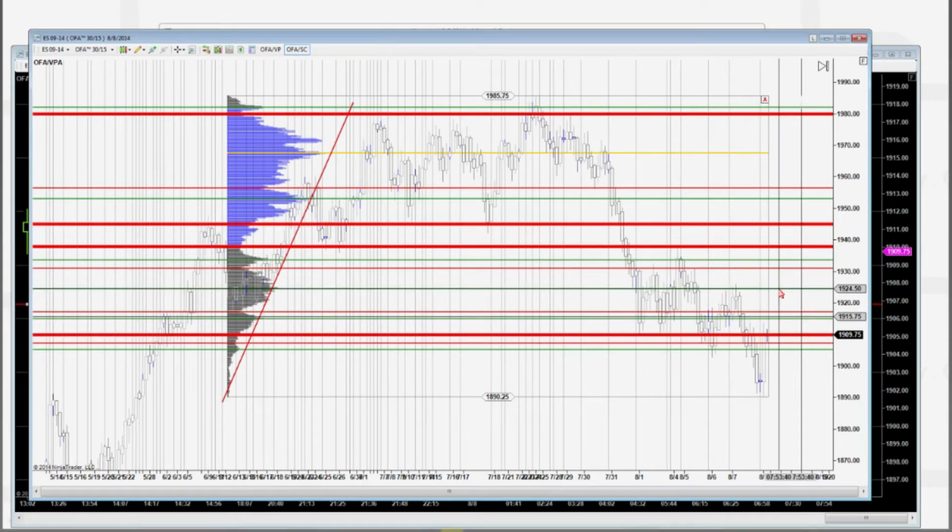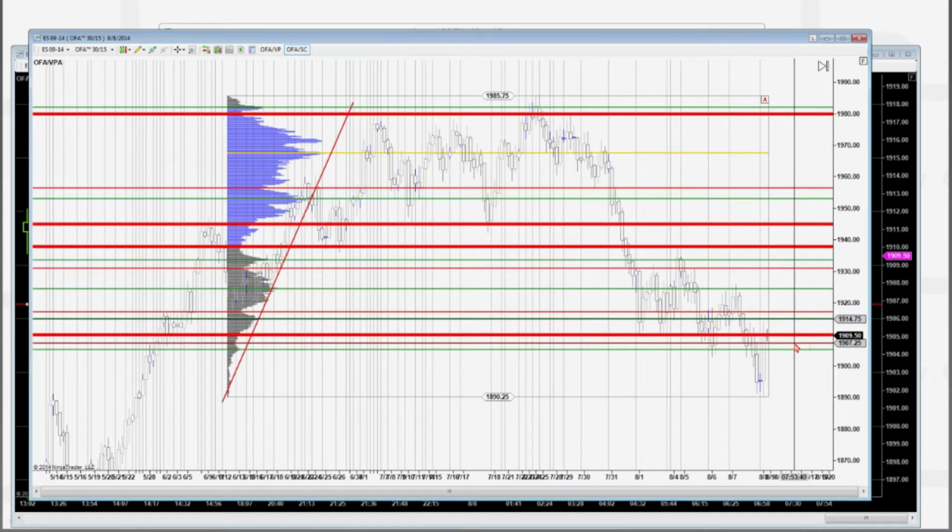So I want to make sure, based on everything we talked about, the elements of the volume profile, which is high volume areas act as magnets, right? They're fair price. So at fair price, we expect rotation, right? Because fair price says that both buyers and sellers are engaged in trade.